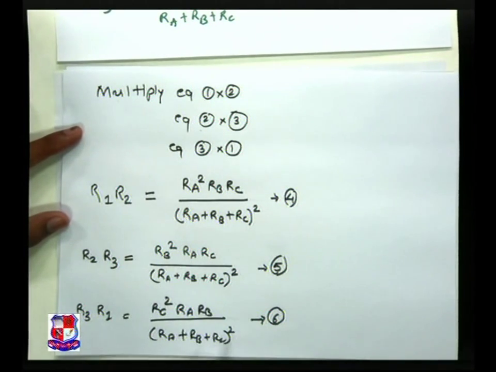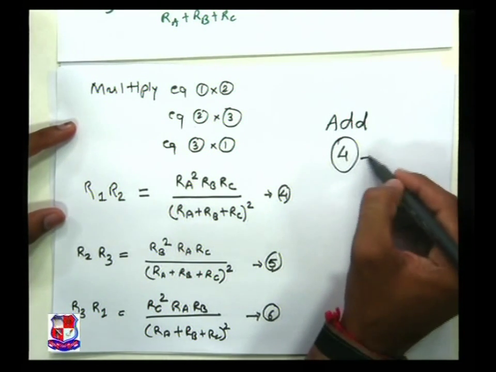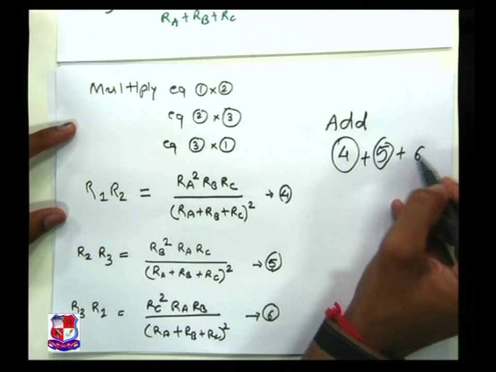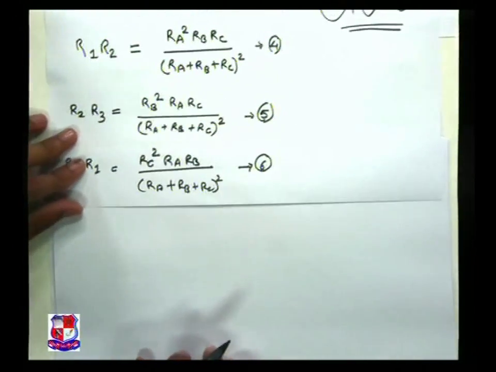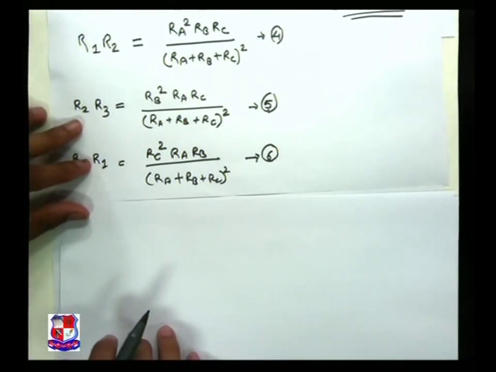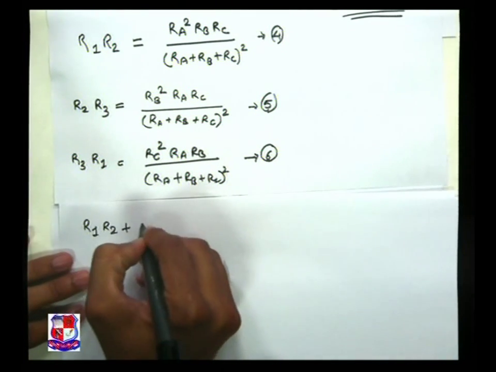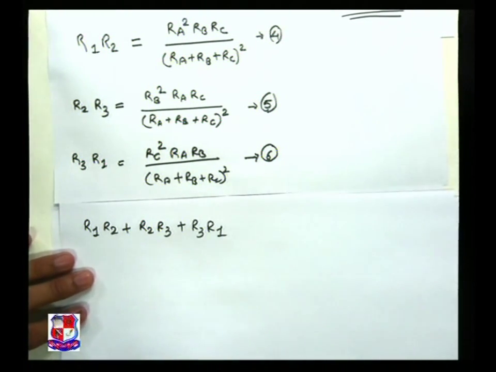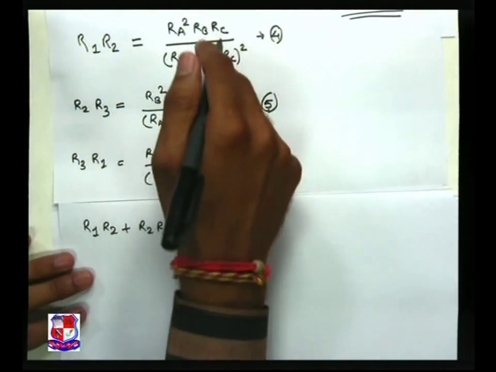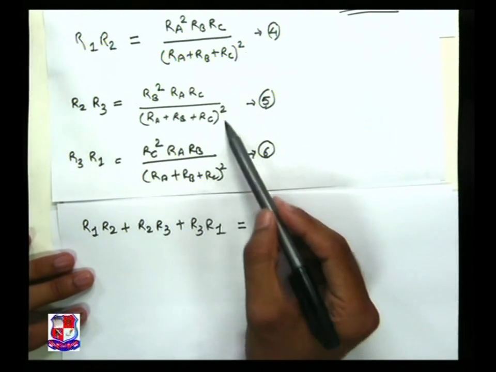Now we add all these 3 equations, that means add equation number 4 plus 5 plus 6. See what happens when we add these 3 equations. We get R1 R2 plus R2 R3 plus R3 R1 equal to, now adding equations 4, 5 and 6, the denominators are common.